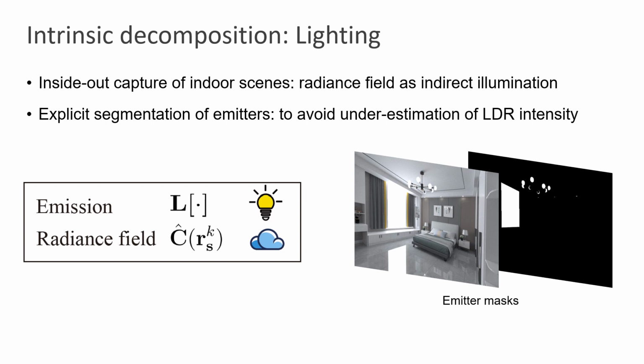Therefore, we add a neural emitter semantic field into our pipeline to explicitly determine whether a 3D point is on an emitter. As shown on the right, we supervise the emitter semantic field by ground truth emitter masks. After the emitter semantic field is trained, we cluster the emitter points as K emitters, and assign a learnable emission value for each individual emitter.